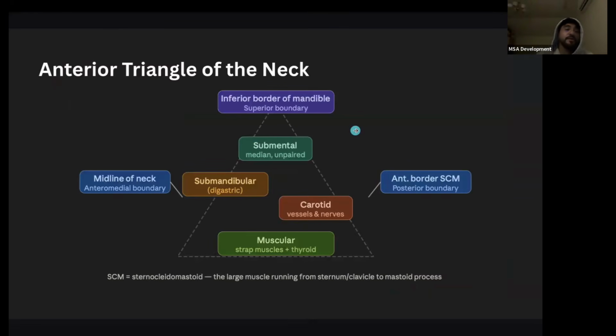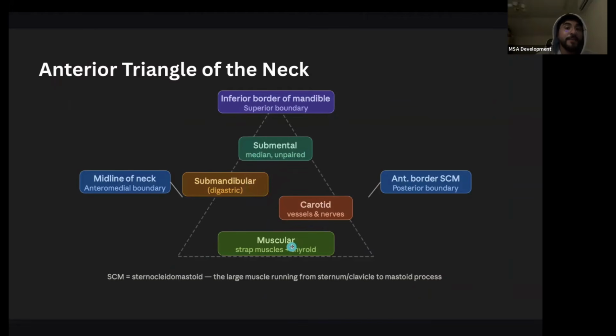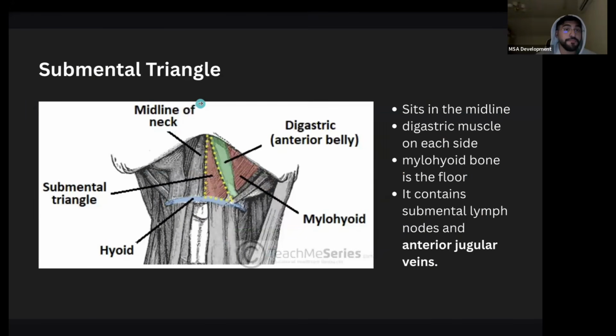In the neck, really it's divided into anterior and posterior parts, and we have the anterior triangle of the neck. Within the anterior triangle of the neck, we have four different triangles that we need to cover. The first one is the submental triangle, which is right here. It sits exactly in the midline.